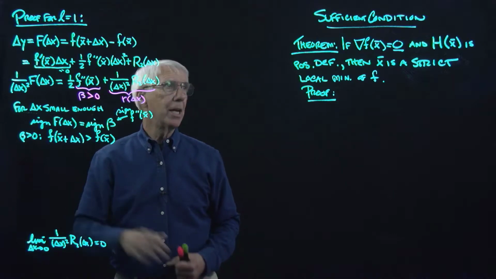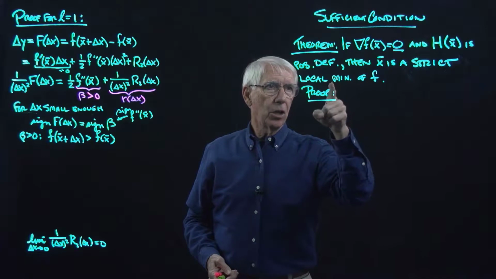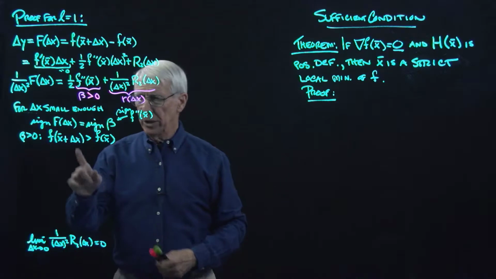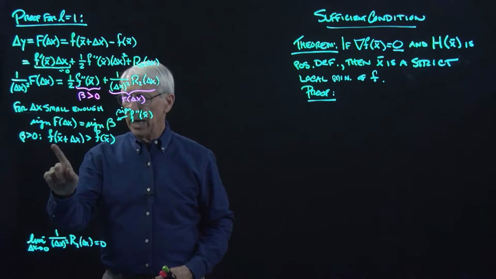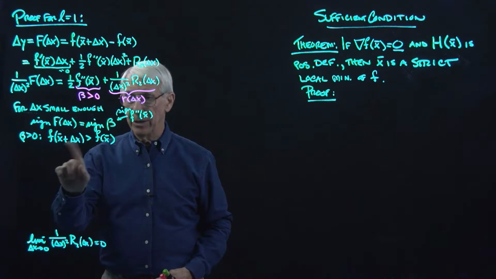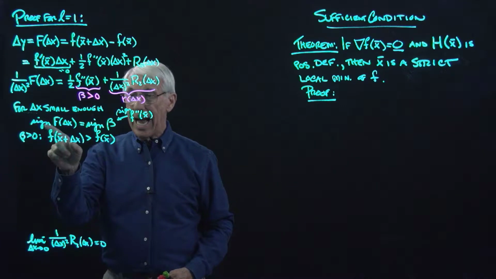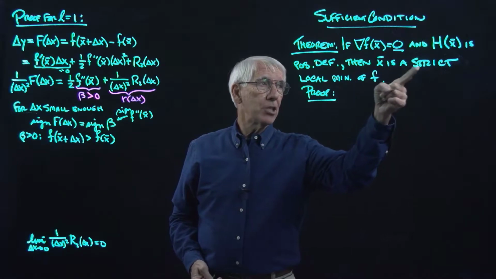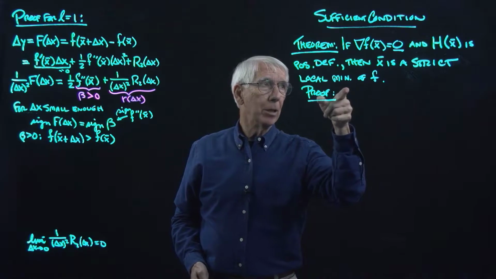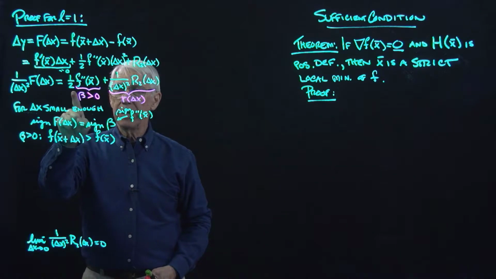And of course, that guarantees that x bar is a strict local minimum of the function, because when I move away from x bar, the function gets larger. The value of the function gets larger. And actually, you can see that the proof here works for showing that x bar is a strict local maximum if the second derivative is negative.